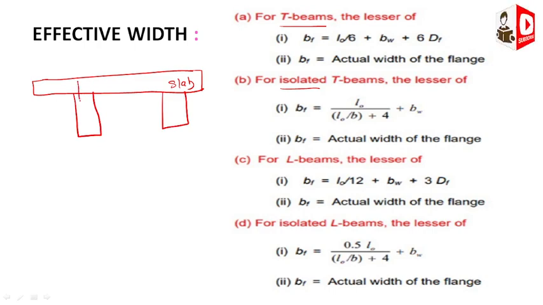So with both beam as well as slab, if you construct it like this, we call it cast monolithically. If you construct like that, we call it, sorry, that is we call it as T beams.